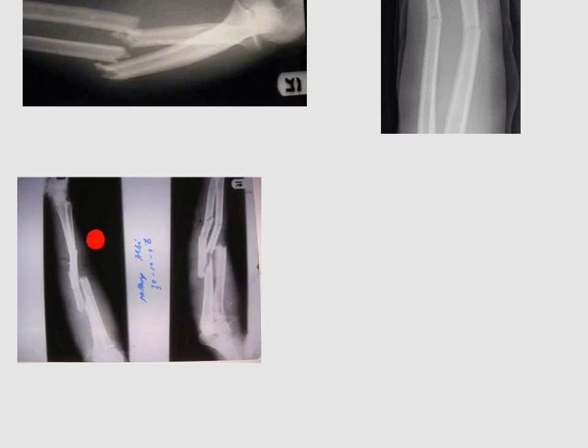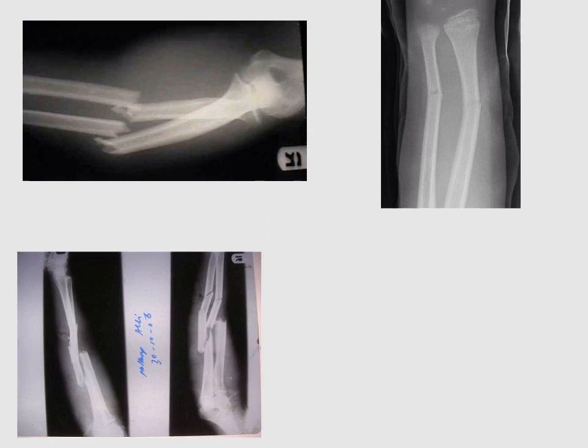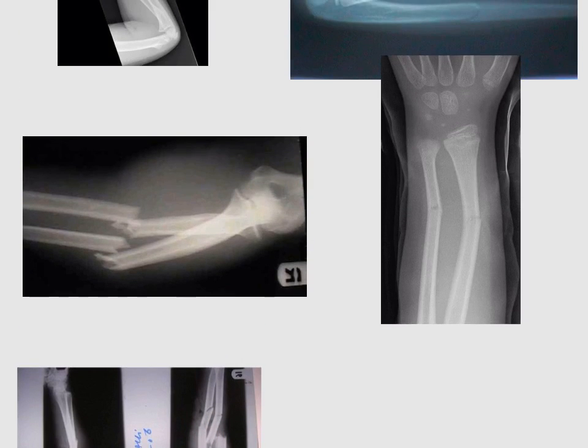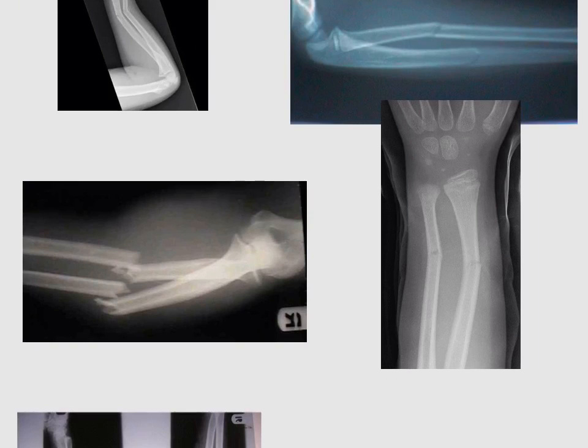In high energy trauma, the fracture is usually comminuted or segmented. This is trauma due to a gunshot. As you can see here, it is comminuted. This is high energy trauma. In children, radius and ulna fractures are usually incomplete.